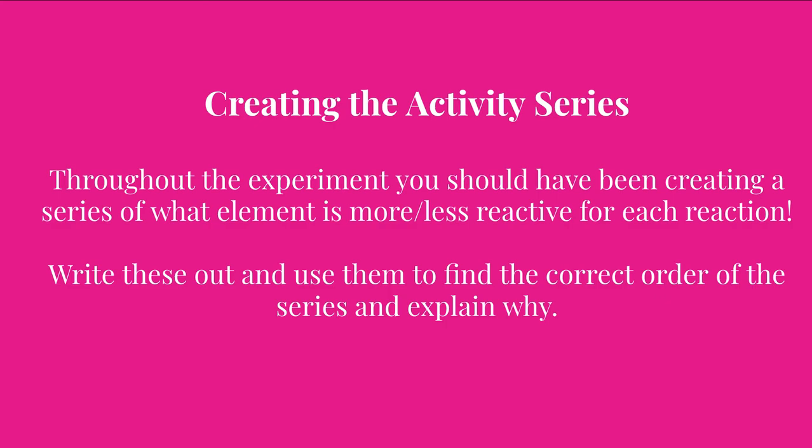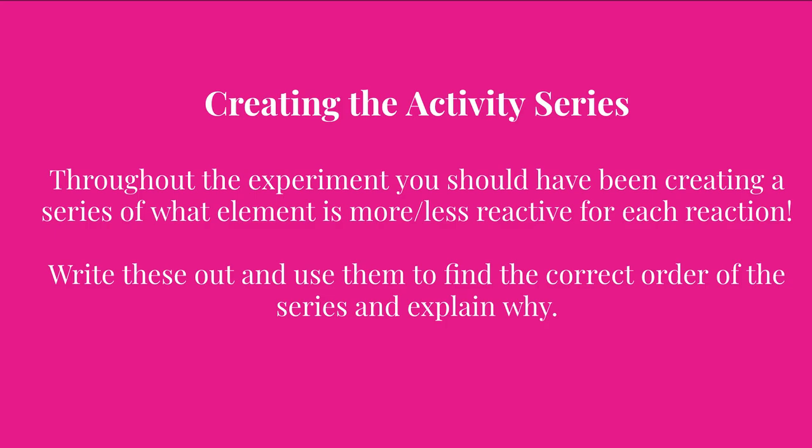I think it would probably be best if, on a separate piece of paper, you wrote out every one of the reactions, or what you found for each of the reactions. Like, was Lavoisium more reactive than hydrogen, or was iridium more reactive than Lavoisium, etc. Write those all out from what you found for every reaction so that you can see them all in one place before you start trying to create this activity series.